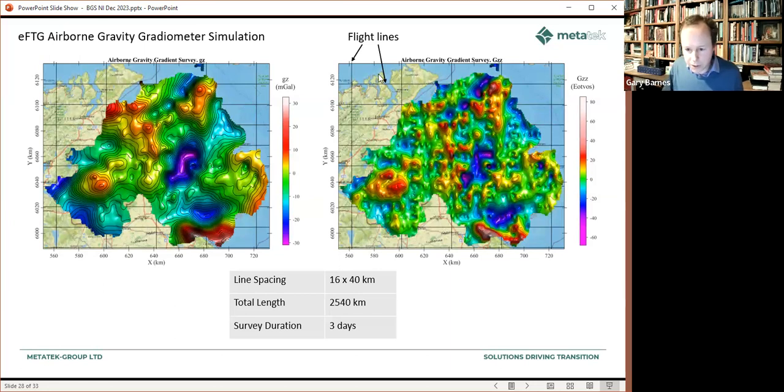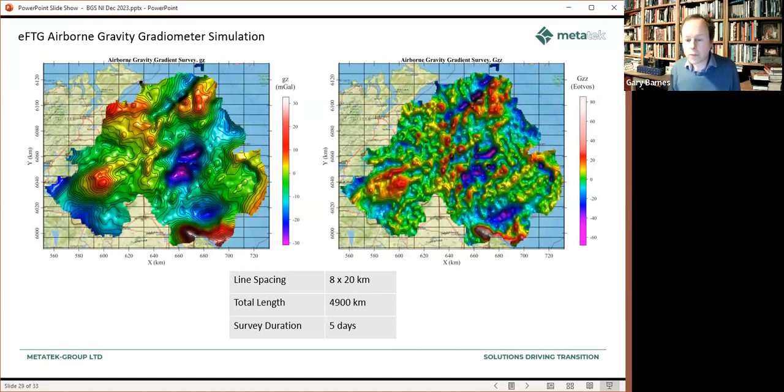Now, of course, this is a very wide line spacing survey, and I've estimated with the enhanced FDG, this would take about 3 days to acquire. So just after 3 days, you would get a reasonably nice gravity map. It wouldn't really hang together in terms of all of the details that come through in the gravity gradient maps, but nevertheless, it's quite useful even after 3 days.